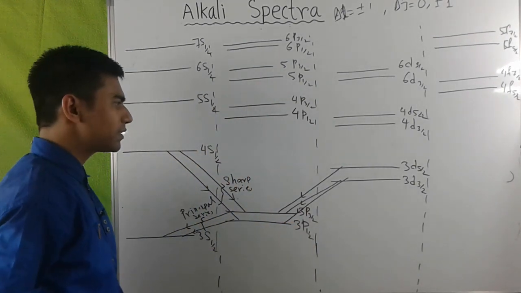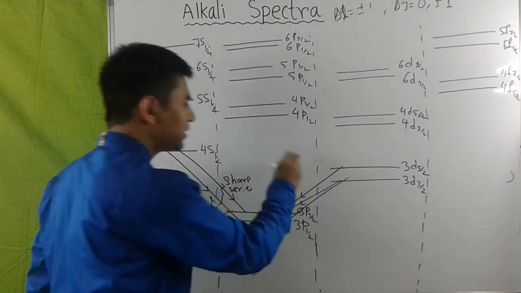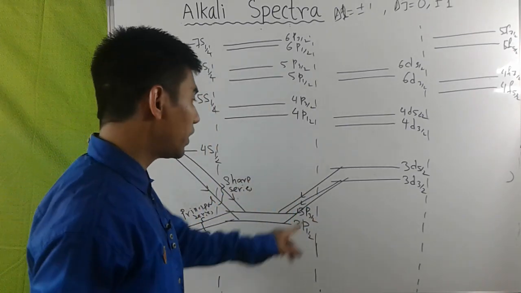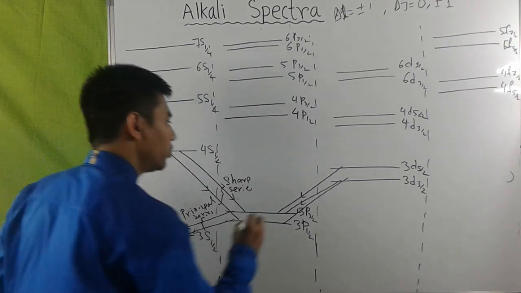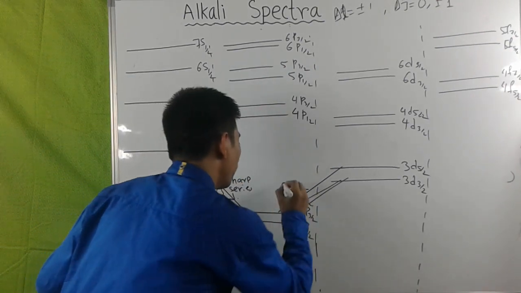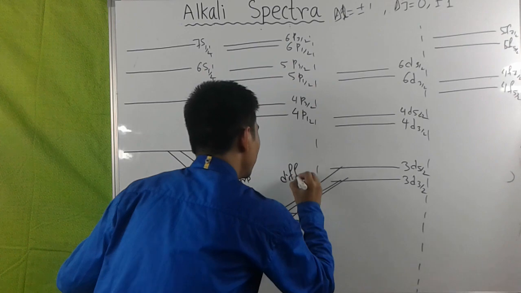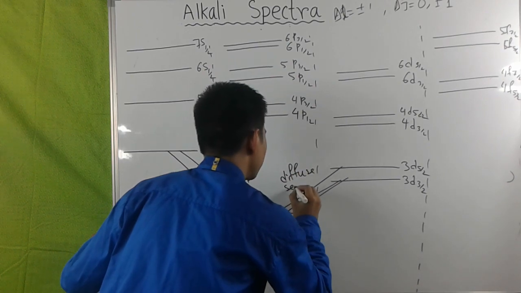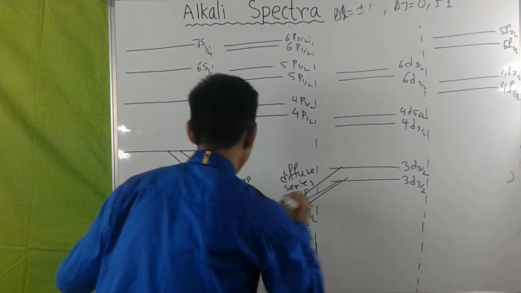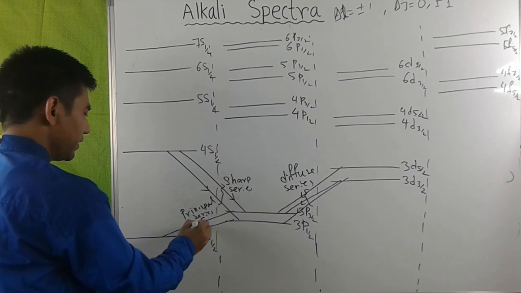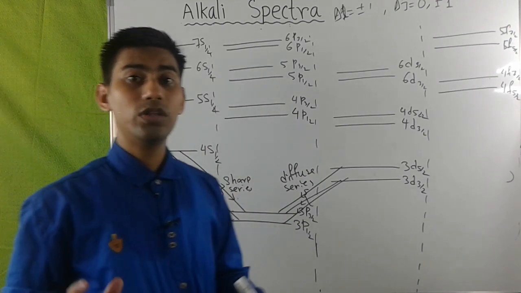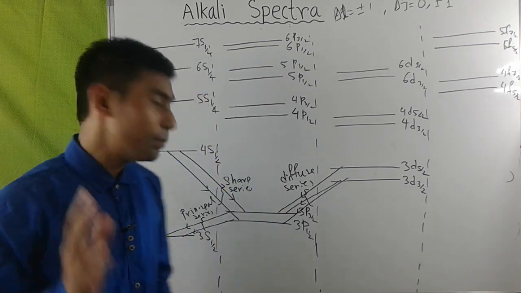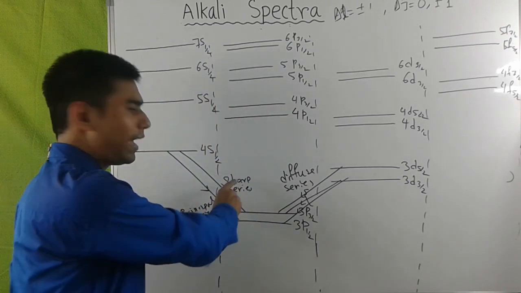Okay, thus these three transitions give rise to the triplet component of the lines of the diffuse series. And the other two transitions give rise to the doublet component of the lines of the principal series and sharp series.